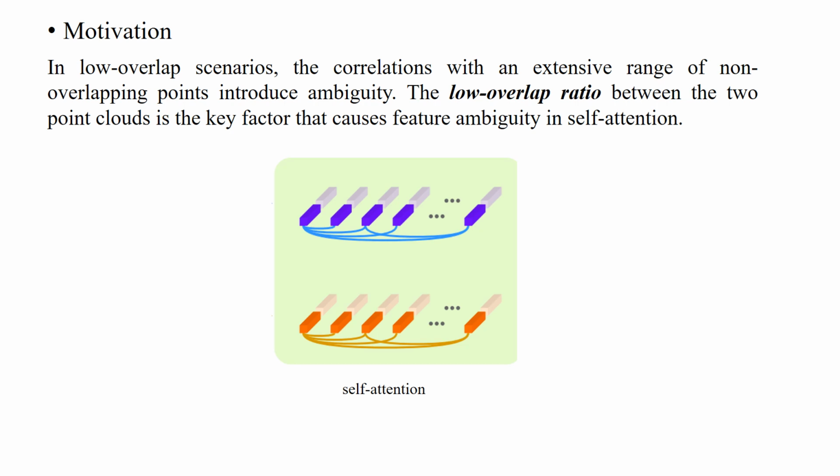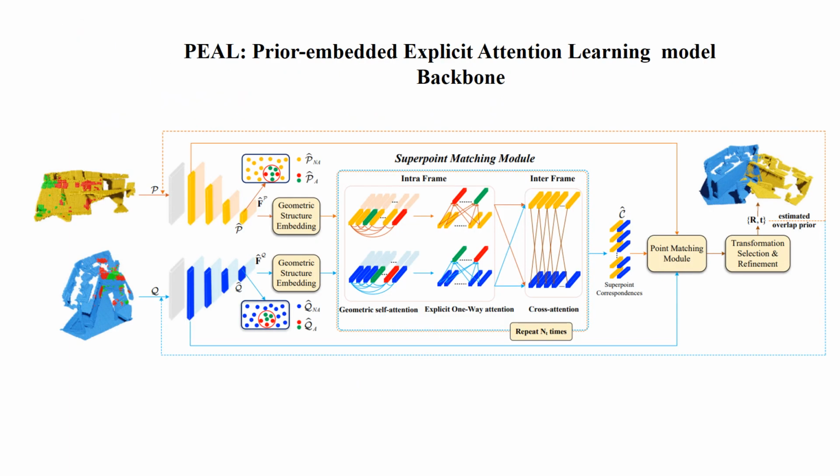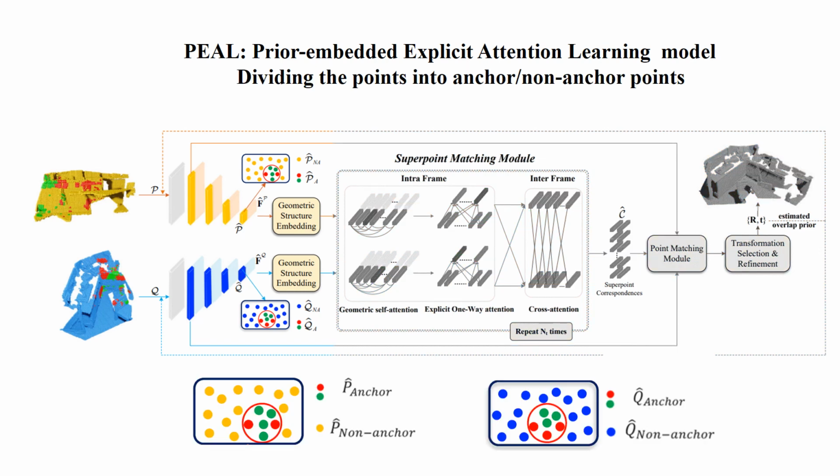Our motivation lies in that the low overlap ratio between the two point clouds is the key factor that causes feature ambiguity in self-attention. To address this issue, we present PEAL, a prior embedded explicit attention learning model. Our method consists of 3 key modules. First, we utilize existing 2D/3D registration methods to acquire overlap prior.